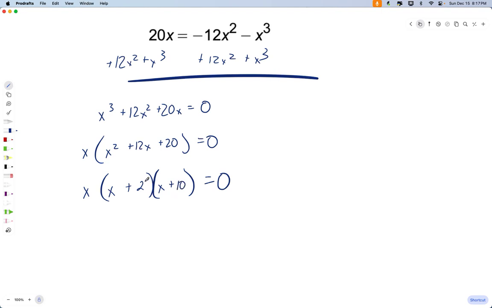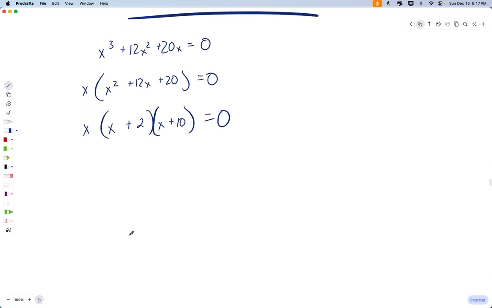So x is equal to 0. x plus 2 is equal to 0. x plus 10 is equal to 0. So x could be equal to 0. If I subtract 2 from both sides, negative 2. If I subtract 10 from both sides, negative 10. Those are the 3 possible solutions for x: 0, negative 2, negative 10.